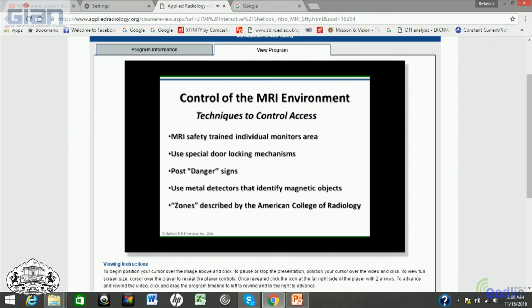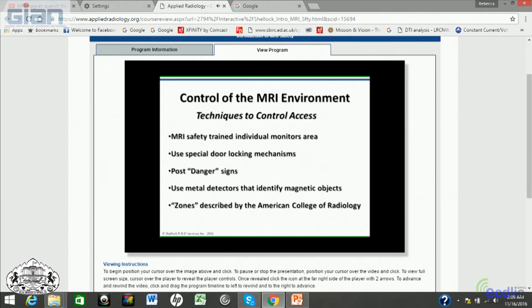Other techniques to ensure safety in the MRI environment include the use of special door locking mechanisms to control entry to the room, and to prominently display danger signs that are usually located in and around the MRI entrance. Some MRI facilities also utilize special metal detectors that are capable of identifying magnetic objects which are well known to pose potentially serious hazards in the MRI environment.